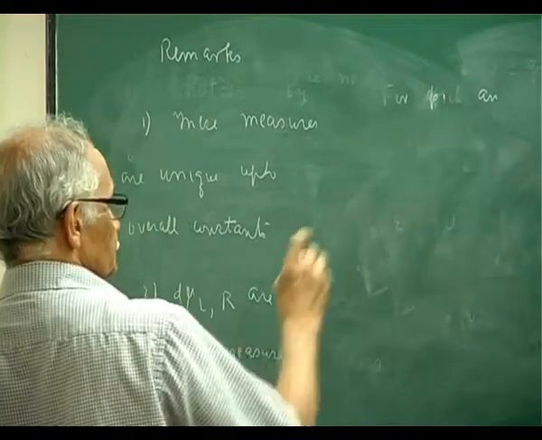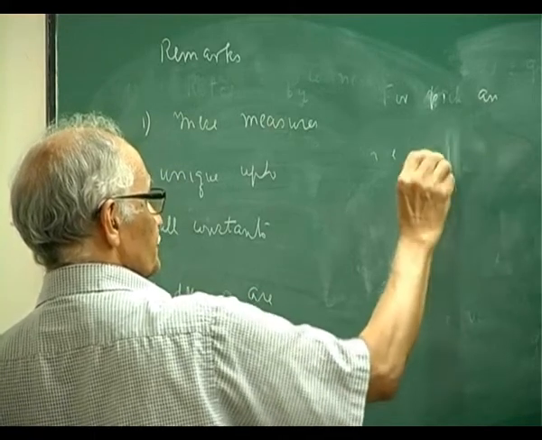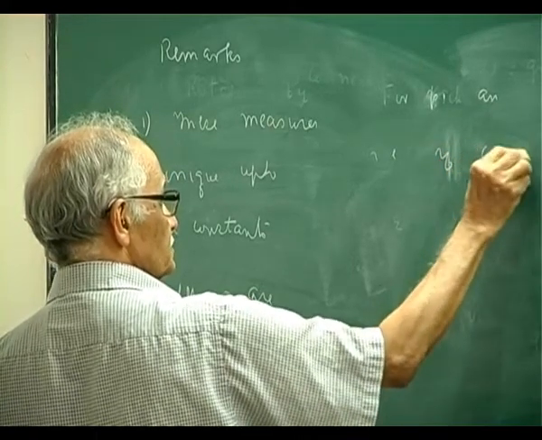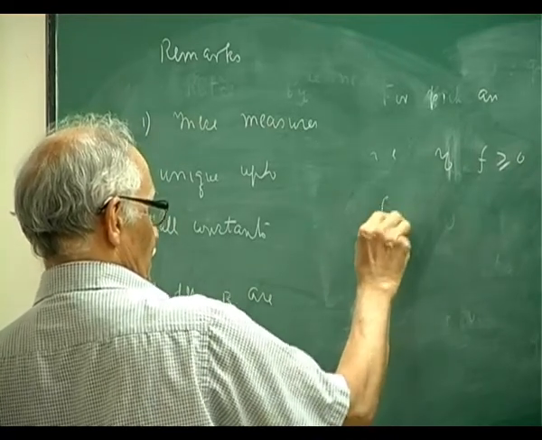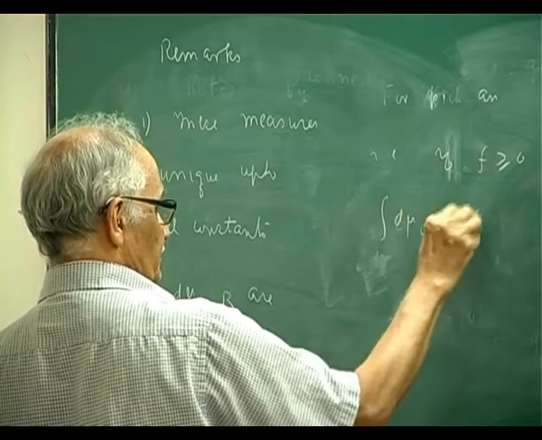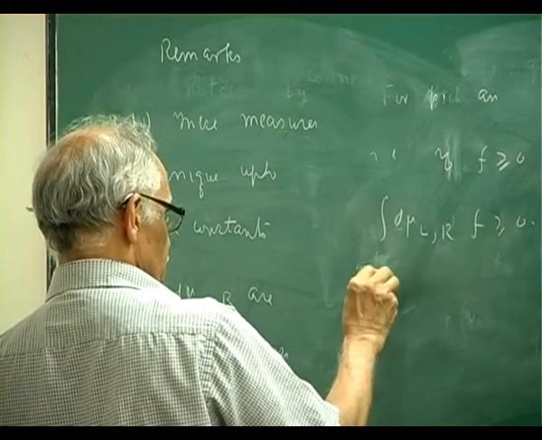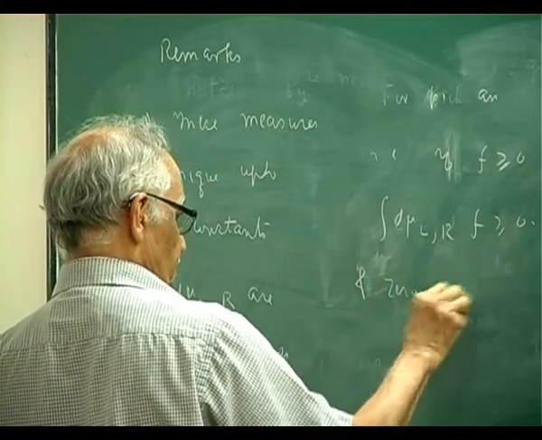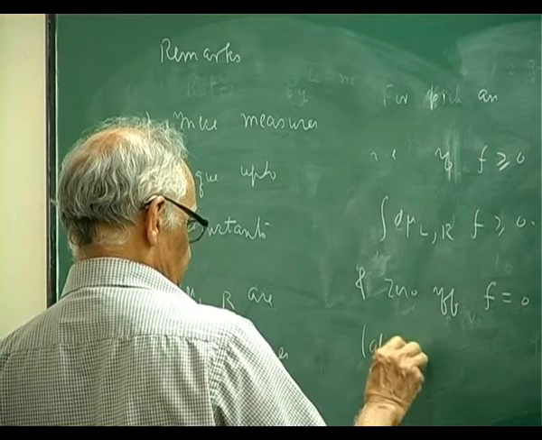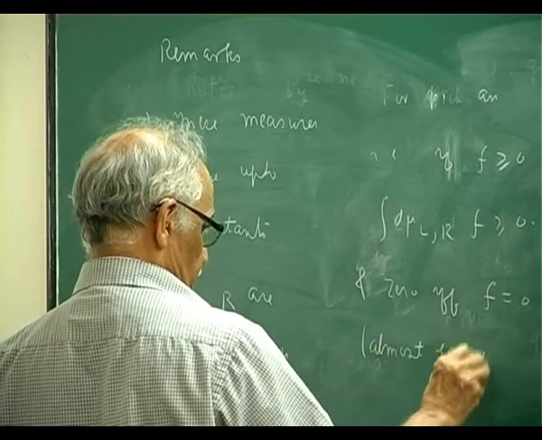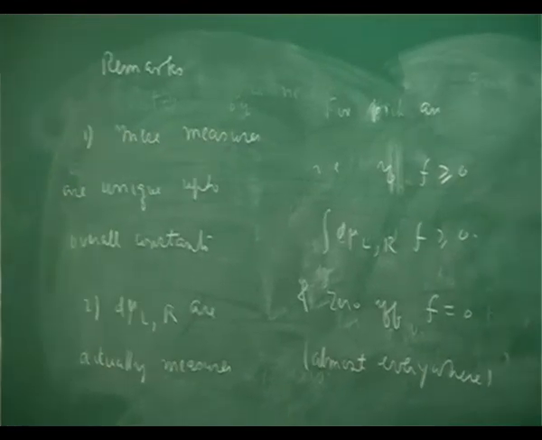That is, if f is non-negative, this integral of d mu L R f is non-negative, and 0 if and only if f equal to 0. Well, in the measure theoretic sense. Okay. So it's actually a measure, it is a volume.